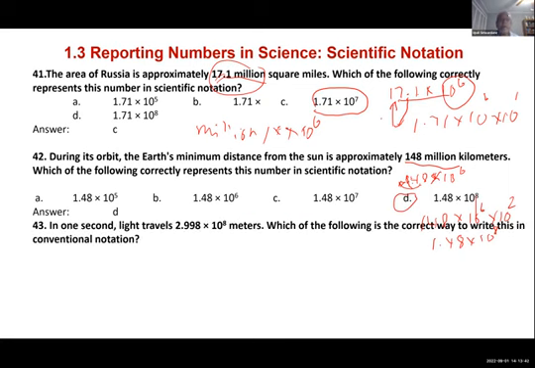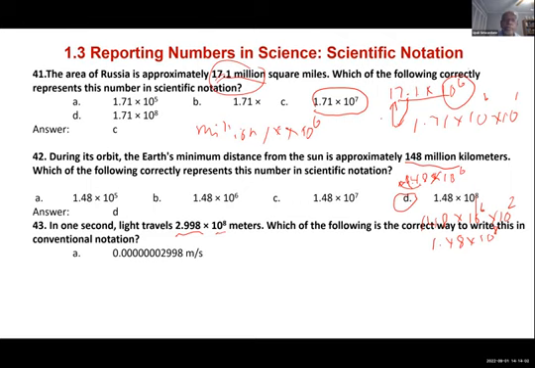In 1 second, light travels this many meters, a number times 10 to the 8. How do you write this in conventional notation?